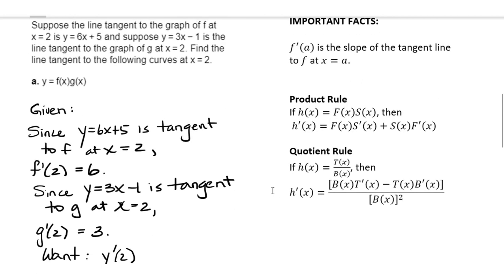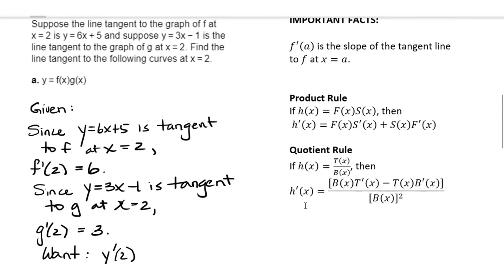So for part A, notice that we're going to have to use the product rule. And the product rule tells us, it's over here, by the way, on the right, if you have h of x equals the first function times the second function, so I've used f for first and s for second, the derivative of h is the first times the derivative of the second plus the second times the derivative of the first.